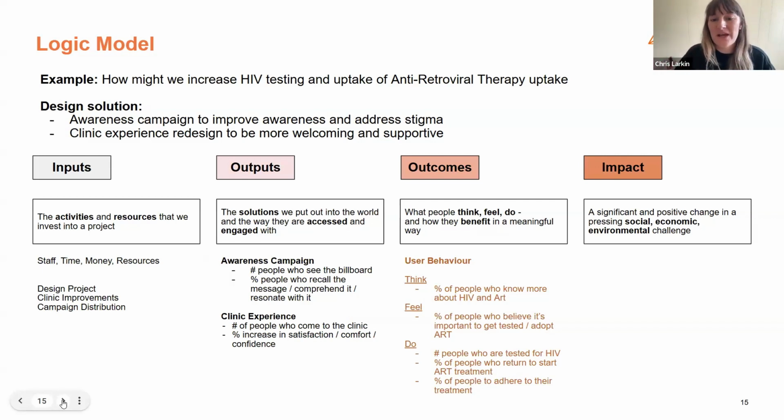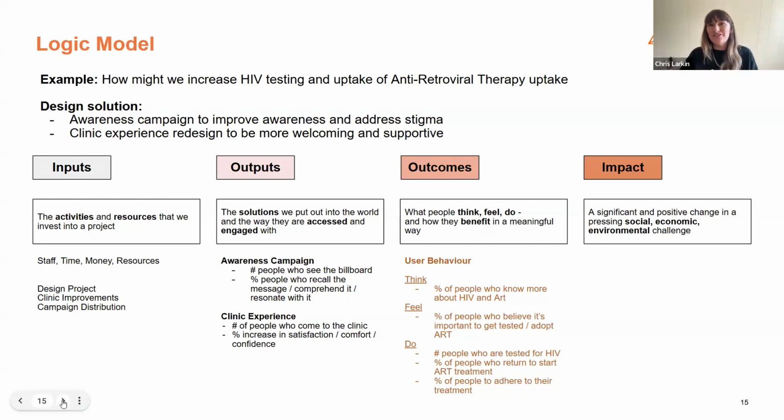So let's say at the think level, what is the percentage of people who now know more about HIV and ART and understand the treatment, understand testing on a factual knowledge level? They are not susceptible to myths or incorrect information or misinformation.